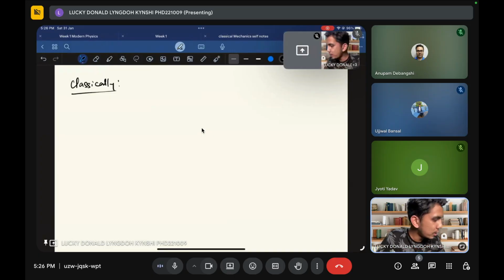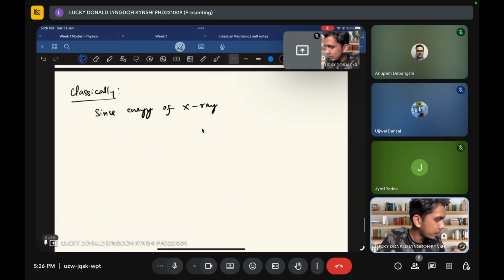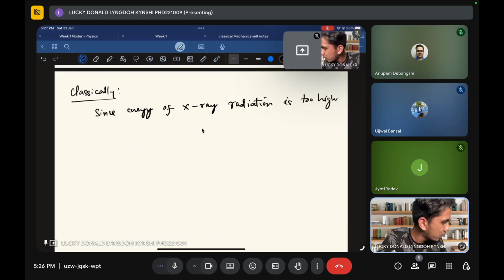What happens classically is that the energy of the x-ray radiation, let's consider this as the incident photon, is too high to be absorbed by an electron.